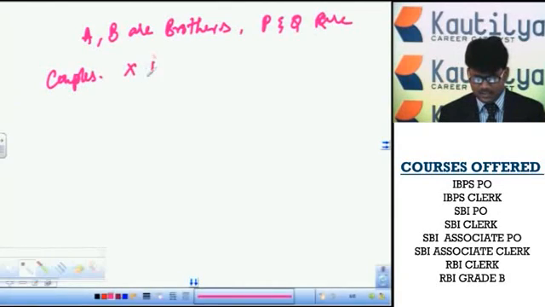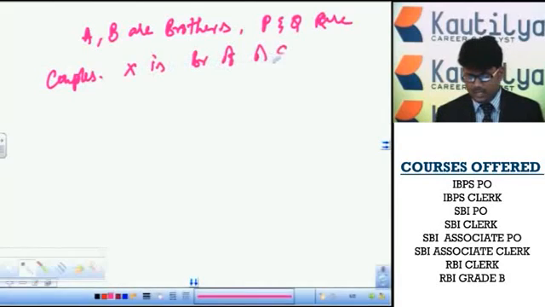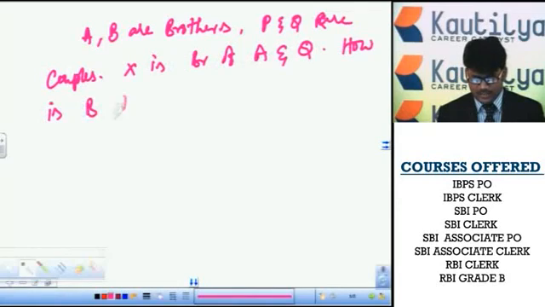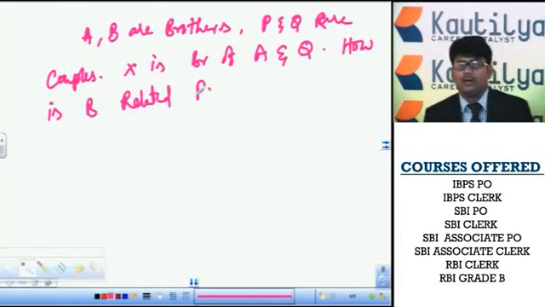X is brother of A and Q. How is B related to P? Okay, once again you have to read the data here. A, B are brothers, P, Q are couples, X is the brother of A and Q. How is B related to P in the given question?